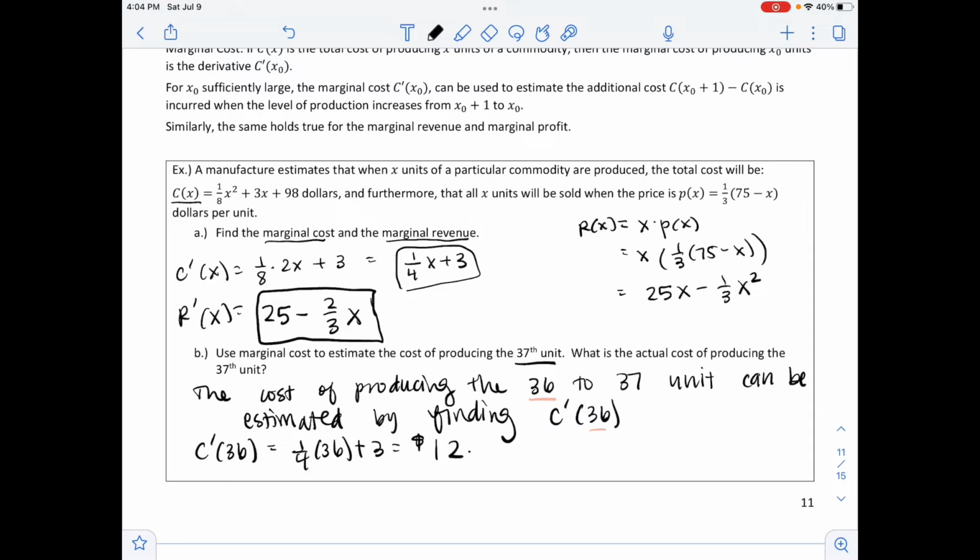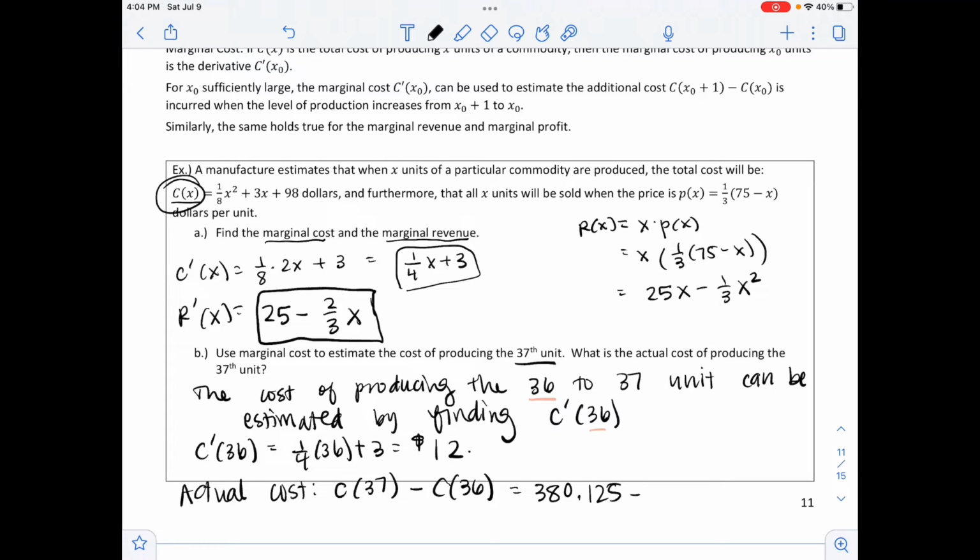The actual cost we can find by taking the cost of 37 minus the cost of 36 and subtracting those. And so we have our original C function given to us up above. And so substituting in 37 into our cost function, we get 380.125.